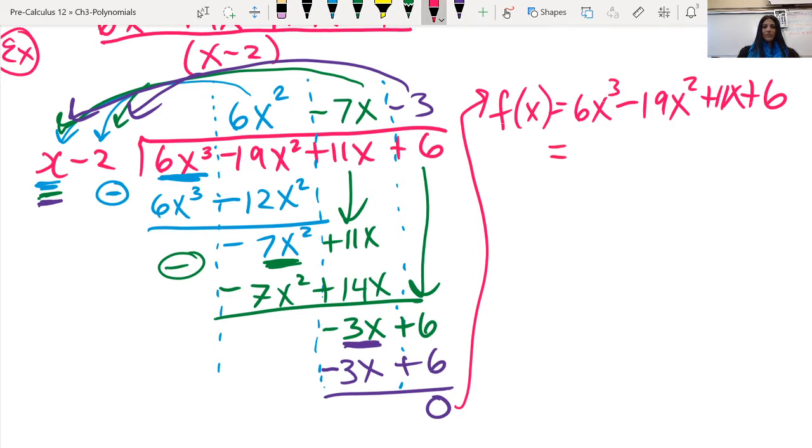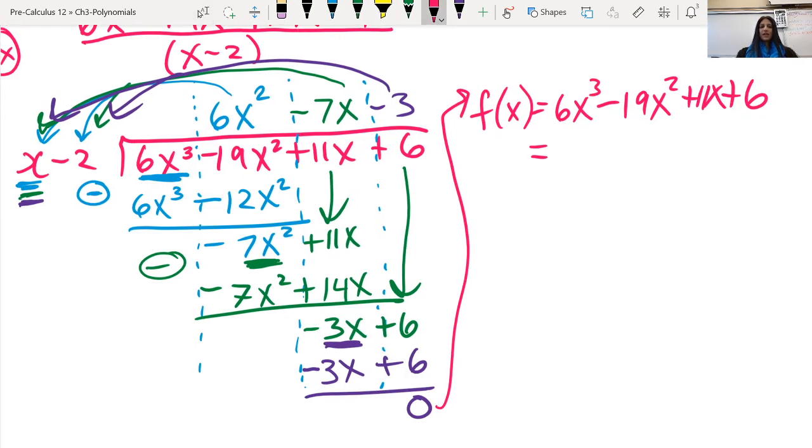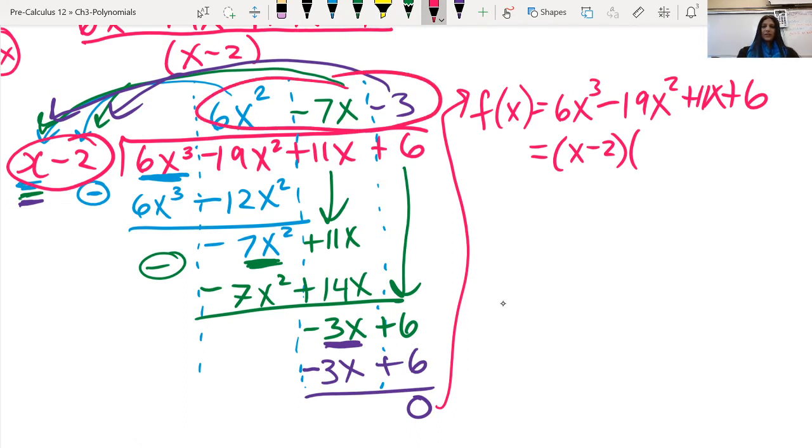So to show what we've done here, or why we're even doing this, we would say that this is equal to this x minus 2 that we were already told is a factor, and then the other part that we just got as our answer up here. So times 6x squared minus 7x minus 3, and then x minus 2.